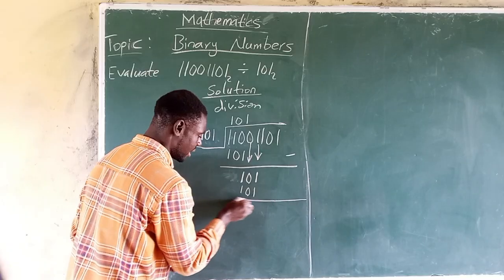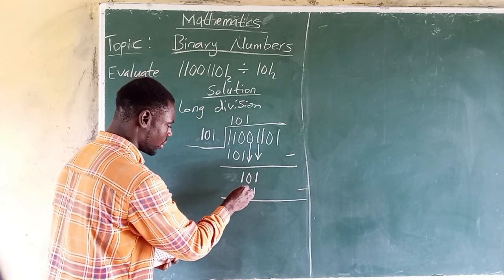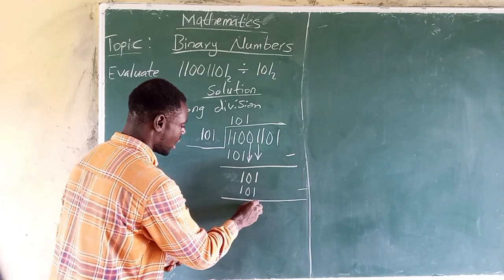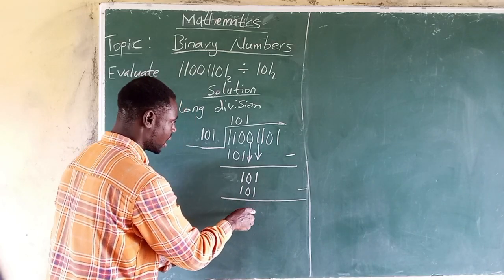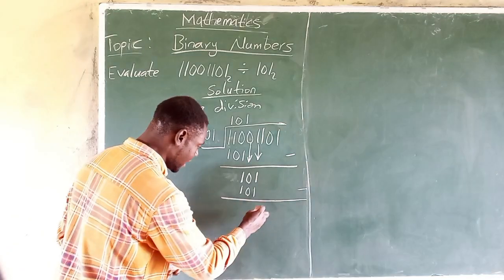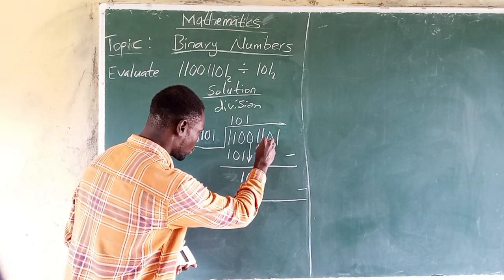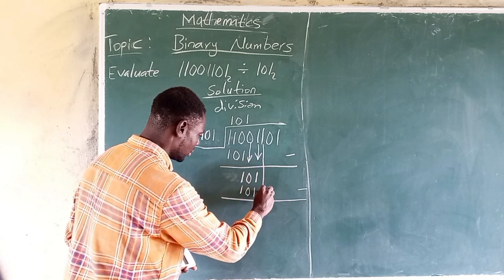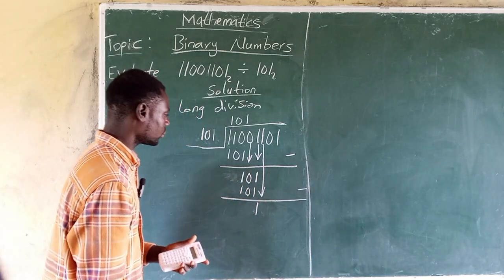You now subtract again. This whole stuff minus this will give you 0, right? No need writing the 0. This will cancel out, it gives you 0. So the next thing you do is you bring down this 1. It becomes 1, right?